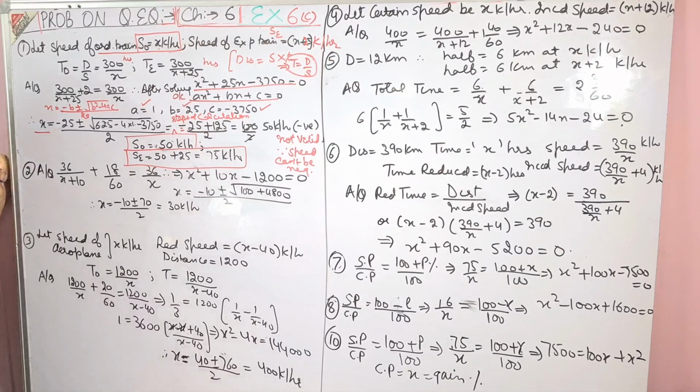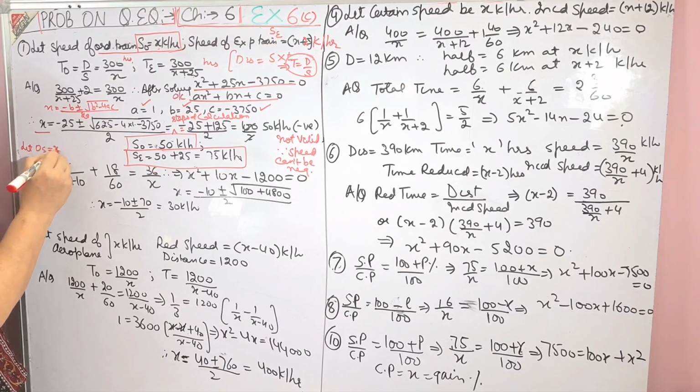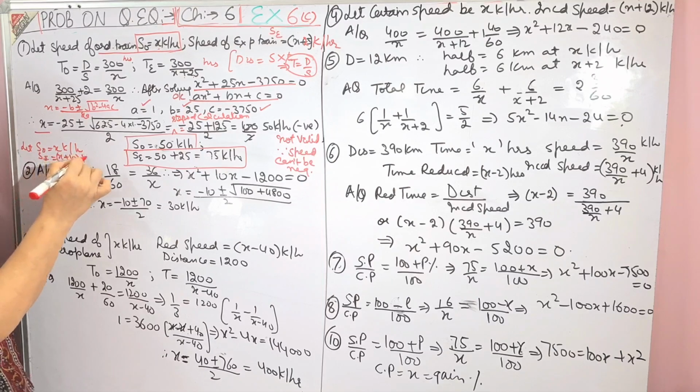Then coming to question number 2, given the hint, if the speed of the car is increased by 10 kilometers, let the original speed be x kilometer per hour. The increased speed is x plus 10 km per hour.